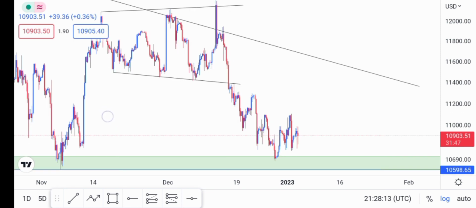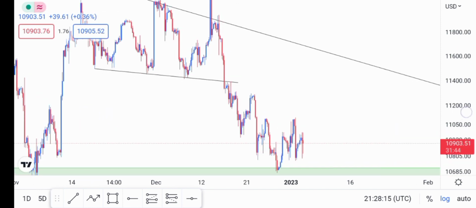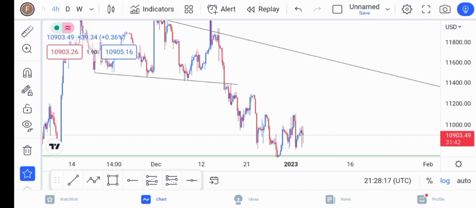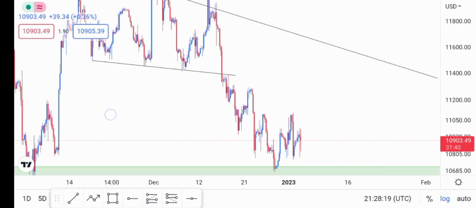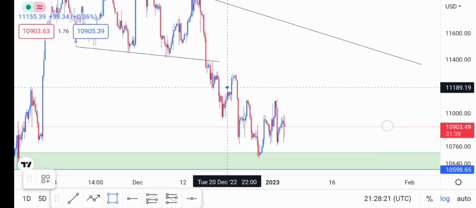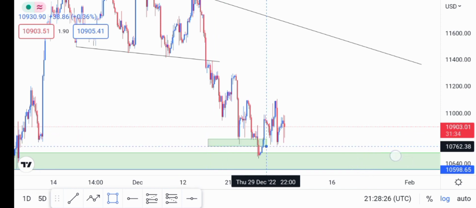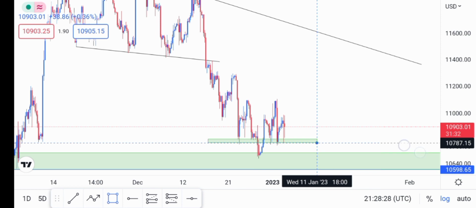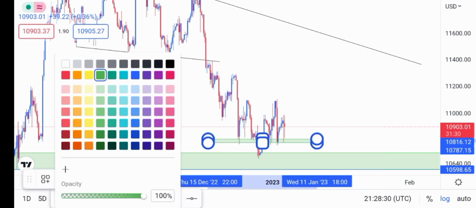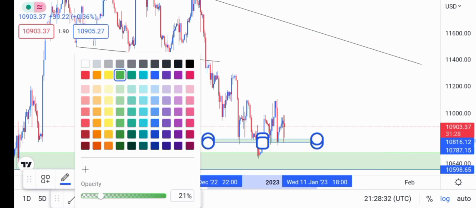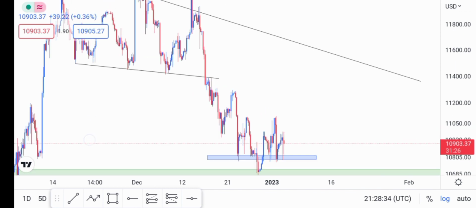Which time frame are we on? Okay, we are on the 4-hour time frame, and by the looks of things, I can see this level here being respected, as I'm seeing a lot of rejections occurring right over here. I'll just change the color so you can see that there's a lot of rejections.